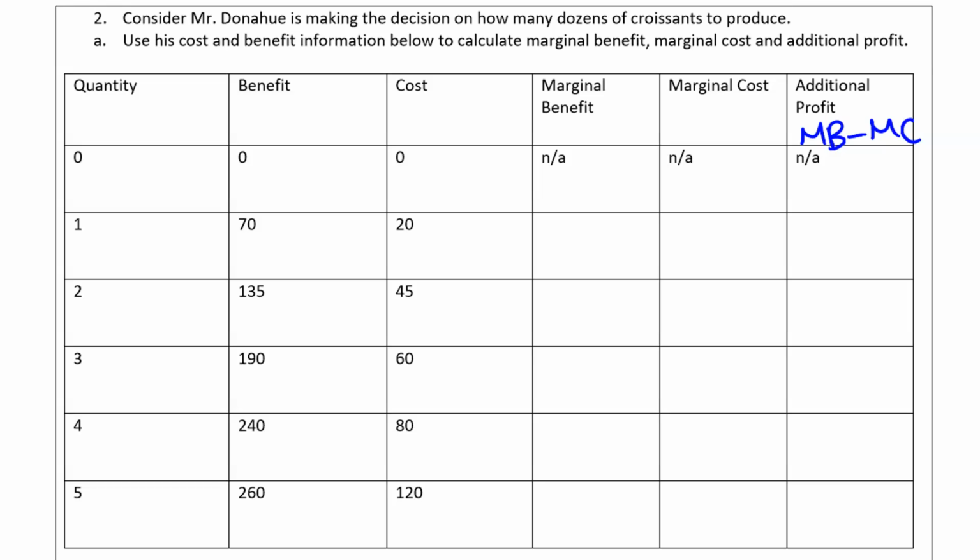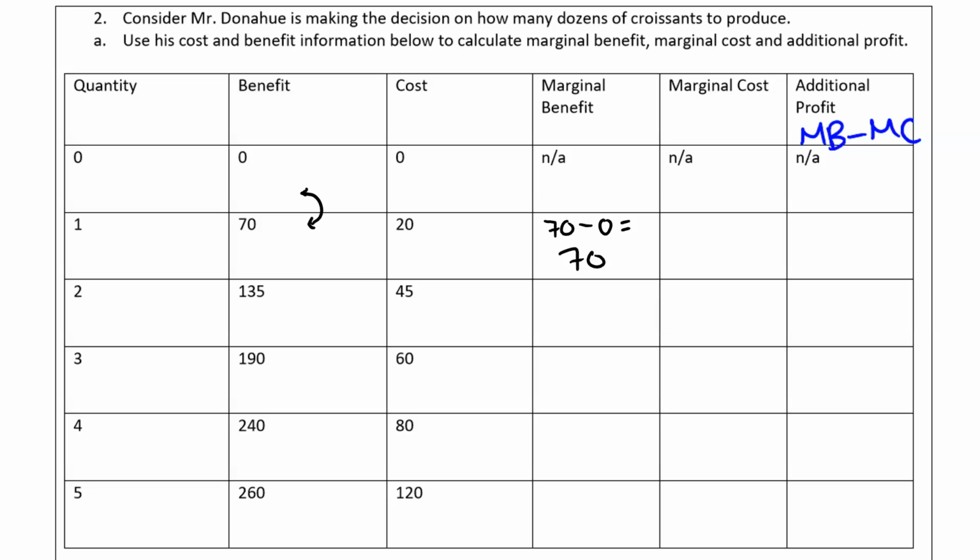So when we go from 0 to 1 dozen, our marginal benefit is 70 minus 0, or 70. So I just did the difference between these two numbers. So for the next one, you'll do the difference between 135 and 70 to get the next marginal benefit.